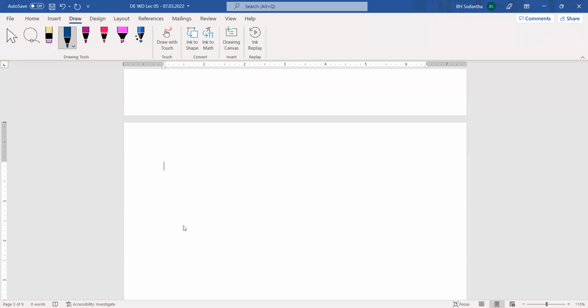We need both A and B, and these are the two starting points. We need A bar also, and we need B bar also. Then we can make the first term.